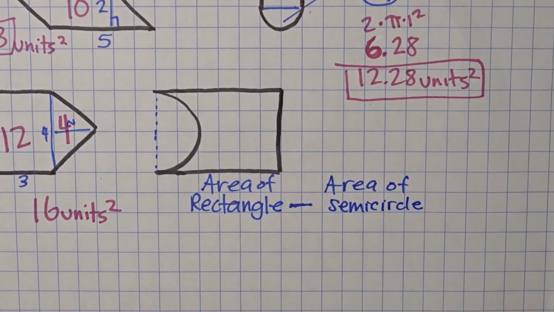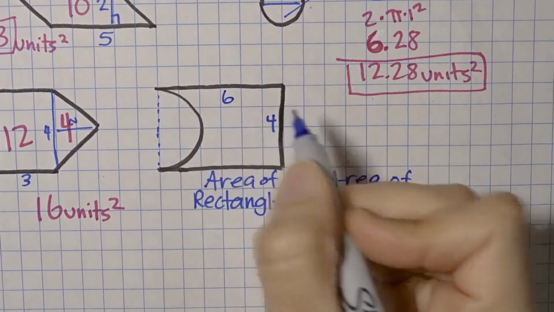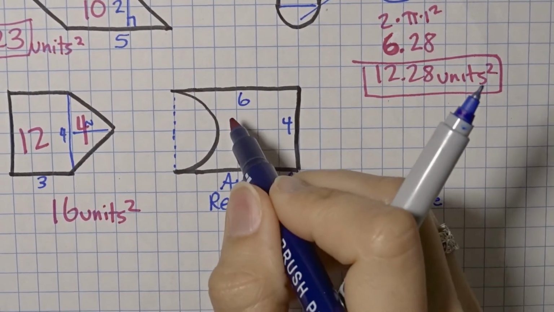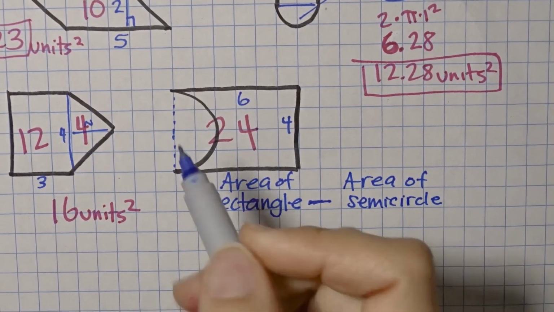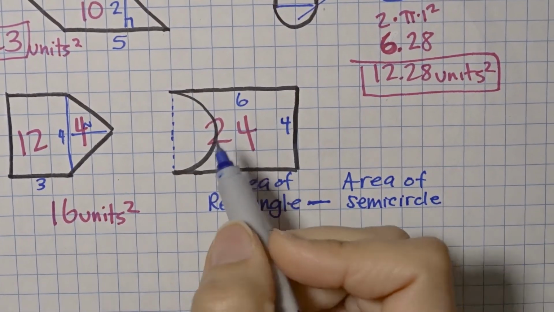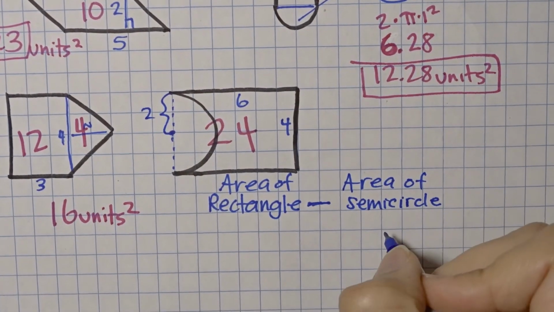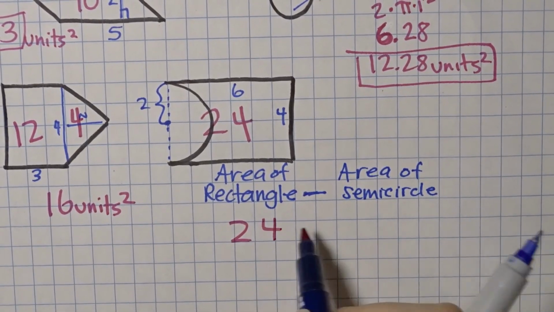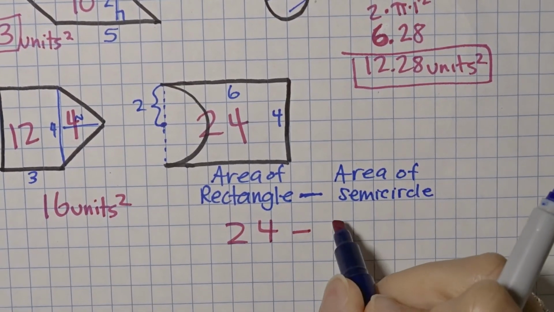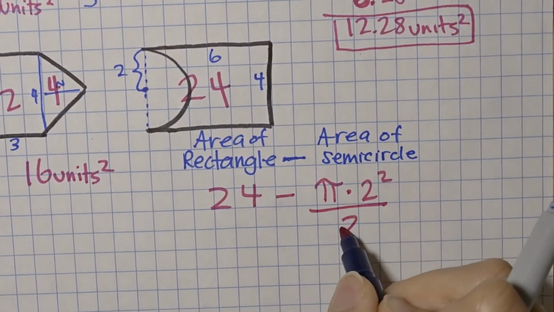All right, so area of the rectangle. First of all, the dimensions would be a 4 by 6. So the entire rectangle is 24. But I don't want the entire rectangle. I want to get rid of this semicircle. And that semicircle has a radius of 2. So the area of a semicircle is going to be pi times 2 squared, and since we want half of the circle, I got to divide it by 2.